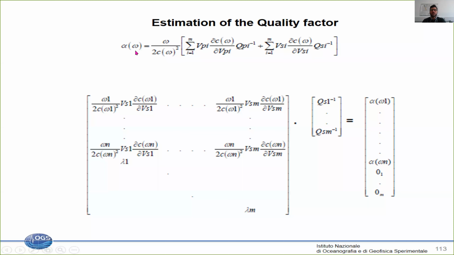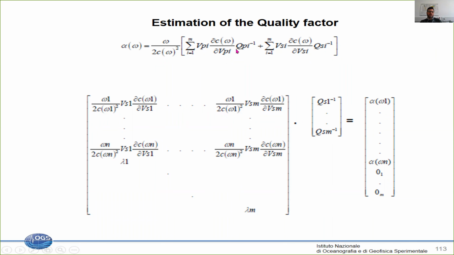For the quality factor, we can come back to a relation that links the underground structure with the attenuation factor of Rayleigh waves as a function of frequency. We know from theory that this attenuation factor depends on the phase velocity of Rayleigh waves. It depends on the VP velocity indicated here in each layer of the underground interested by the propagation of Rayleigh waves.